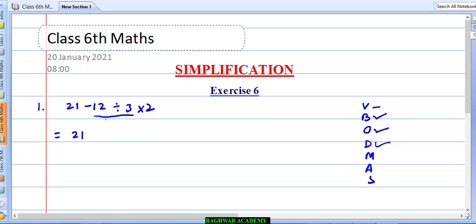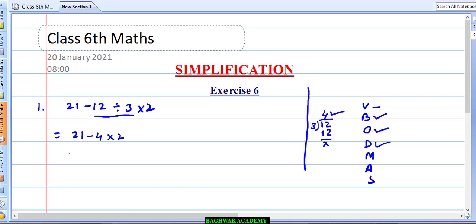So we will divide 12 by 3. 3 fours are 12. Now you see what you have got? 4. So this 4 is required to be written over here. So we will write minus 4 and then you have into 2.